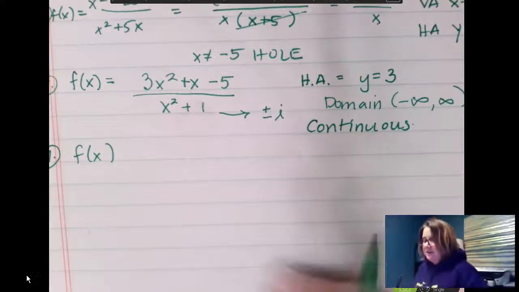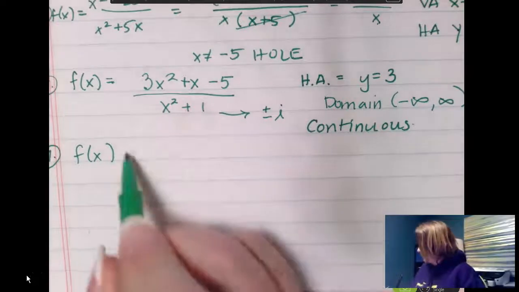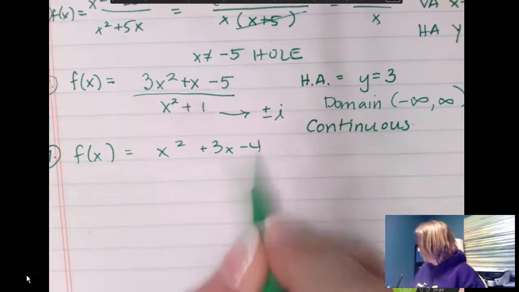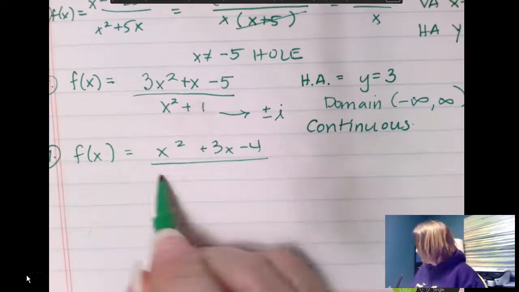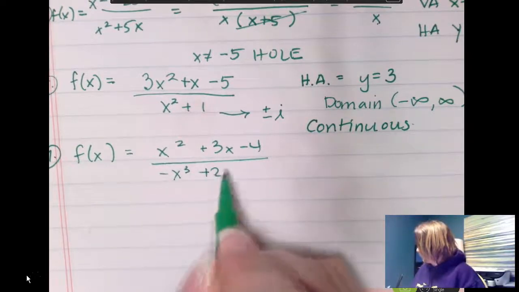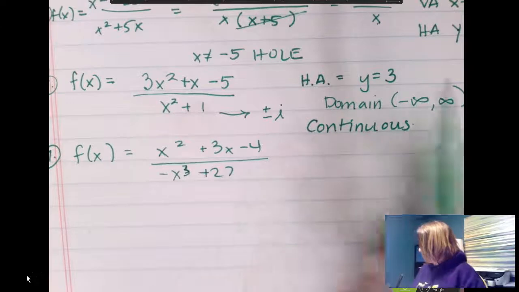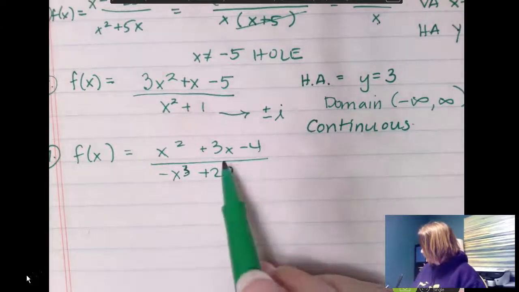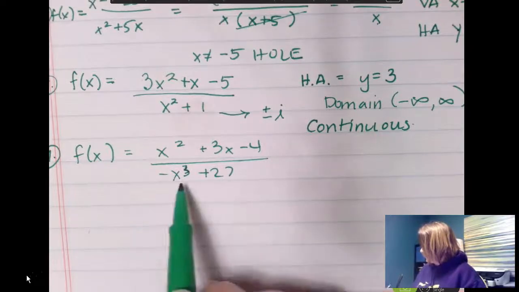In number 27, we have our function. And let me adjust the camera a little bit. In number 27, our function I can already see is a little bit different, a little more complicated. We've got negative x cubed plus 27. So we want to look at the zeros of the denominator.